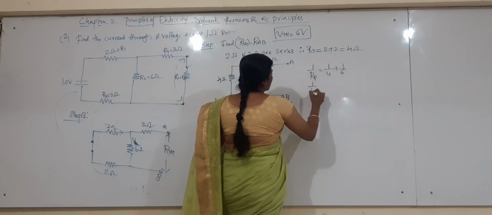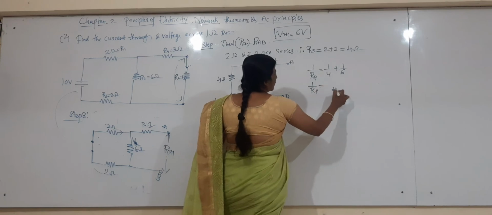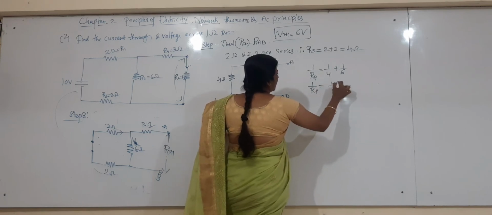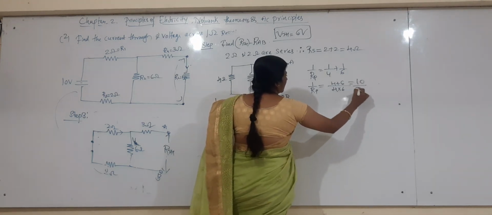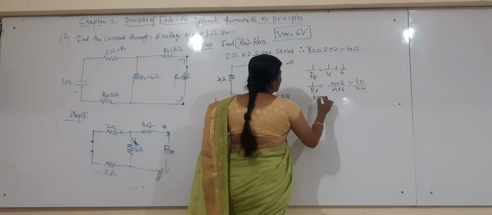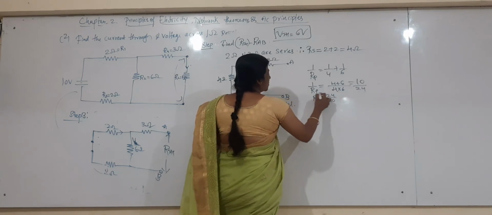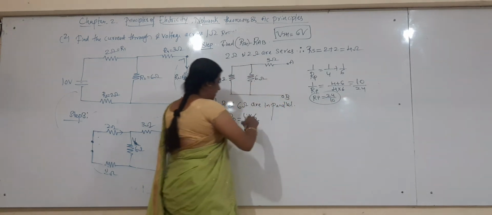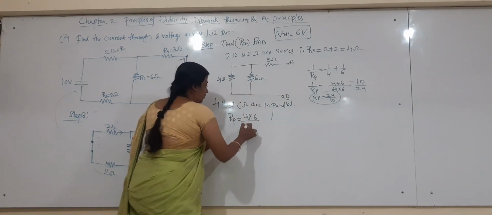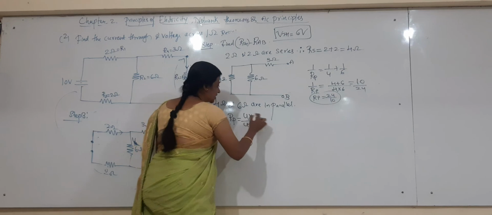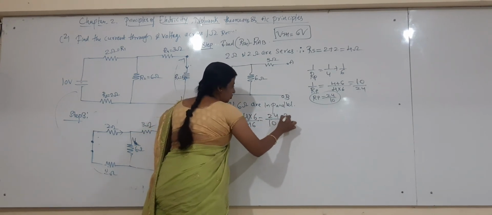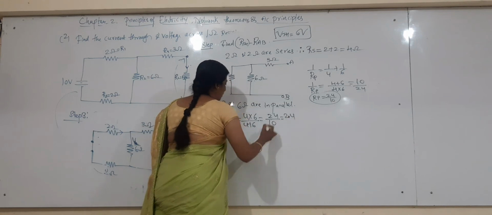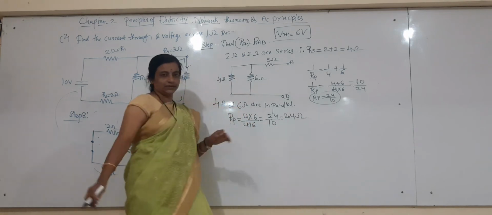That is nothing but RP is equal to 4 into 6 divided by 4 plus 6. 4 sixes are 24 divided by 10 is 2.4. So 2.4 ohm is the effective resistance.